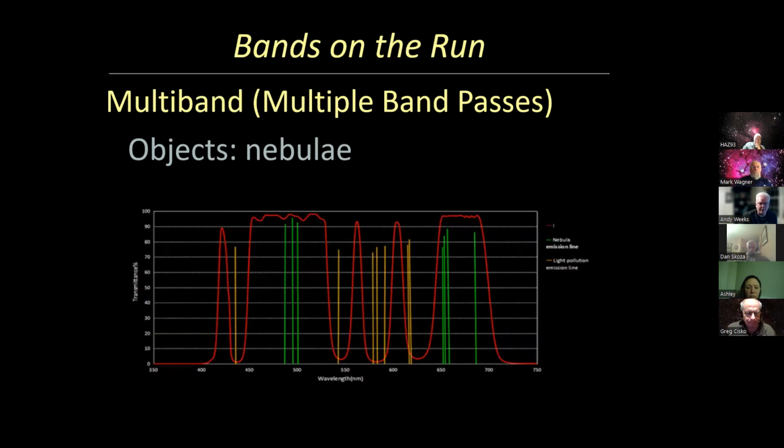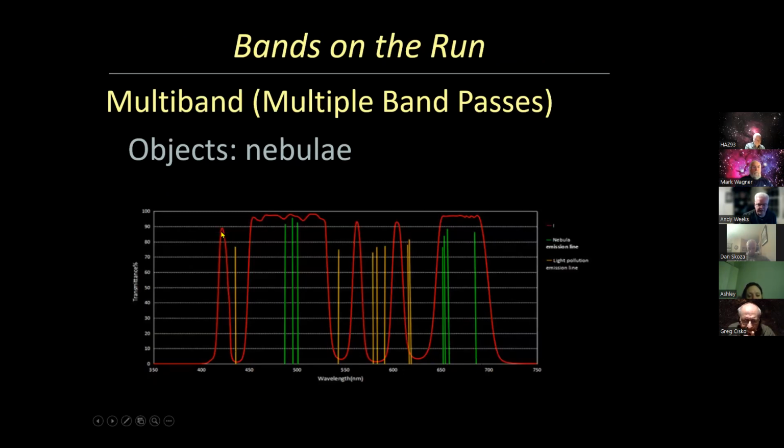So in the one-shot color world, the big interest that we have is around multiband passes. Here's an example: in the 500 nanometer wavelength, that's the oxygen 3. Here you have HA, and this is sulfur, between 650 and 700.